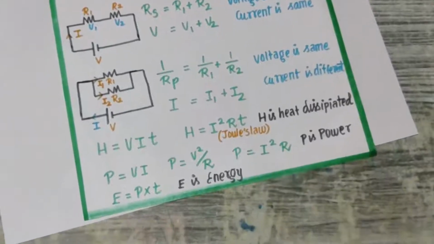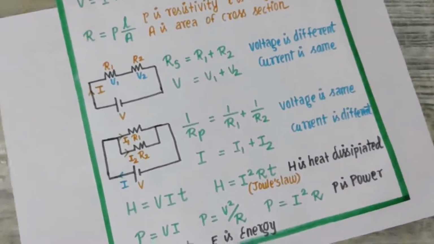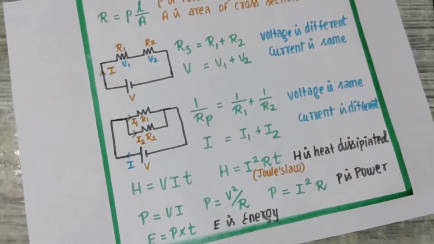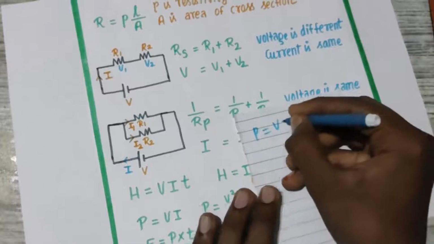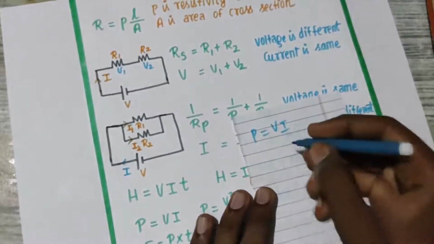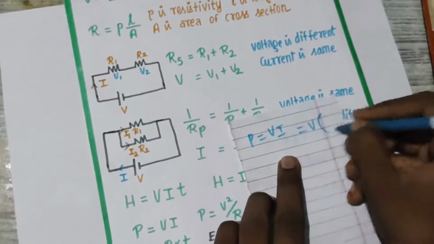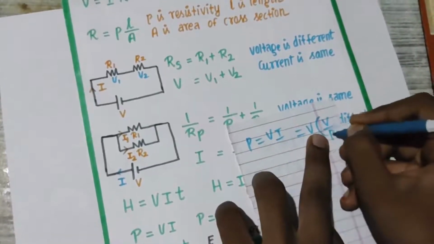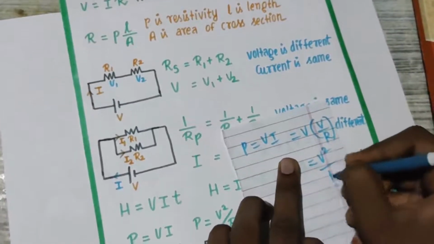I hope you got this one. Next important formula is for power. Power is V into I. This is the first formula, and from this you can easily derive the others. P is equal to V into I. Just substitute I as V by R, so V into V by R gives V square by R. This is one formula.